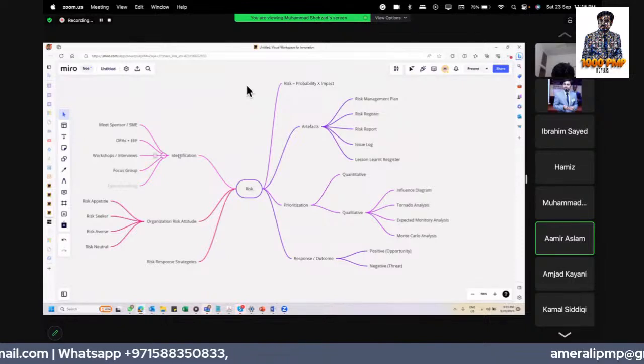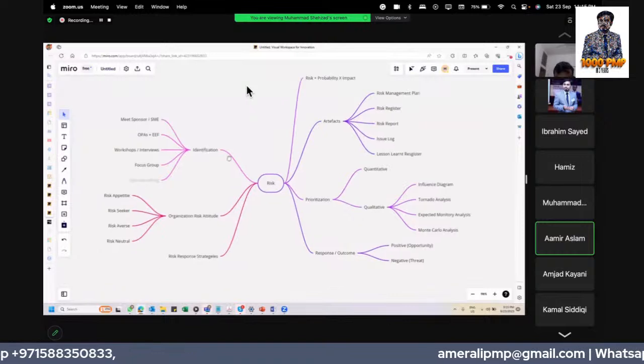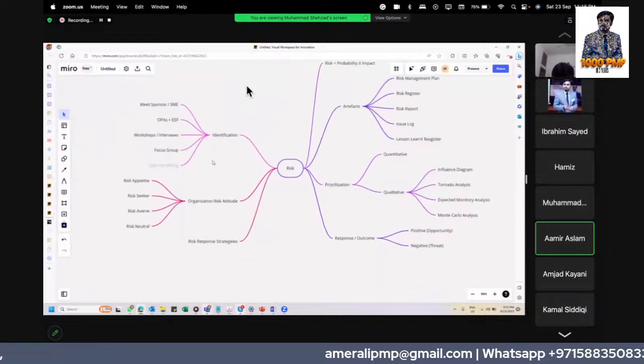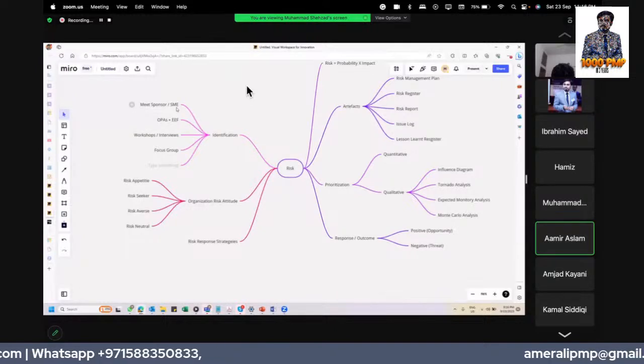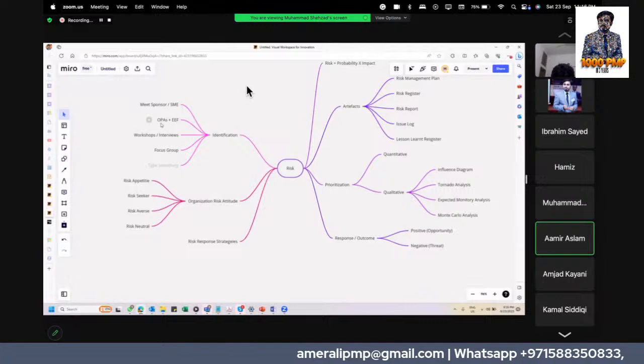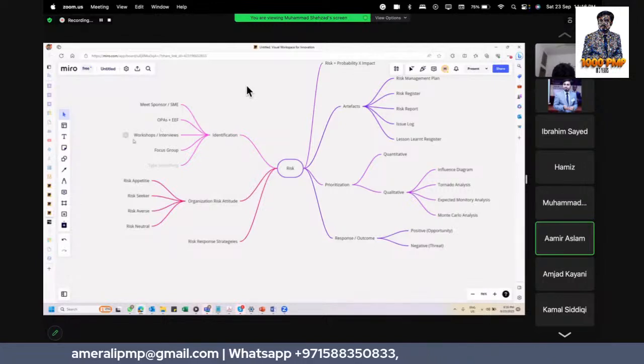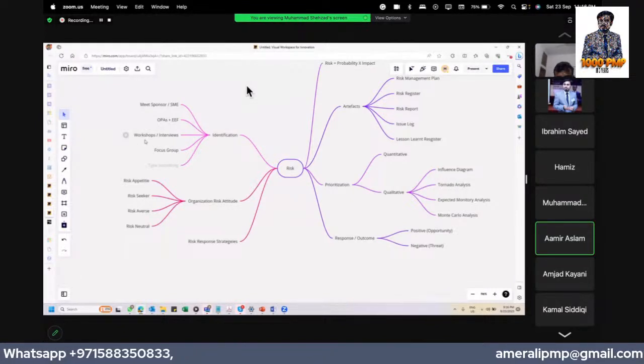And in identification of the risk, we have interviews with stakeholders, like meeting with the sponsor. The second one is subject matter expert analysis, and then OPAs and EEFs. In EEFs, we have PESTEL, and in OPAs, we have procedures, policies, and other ones like facilitated workshops and focus groups.